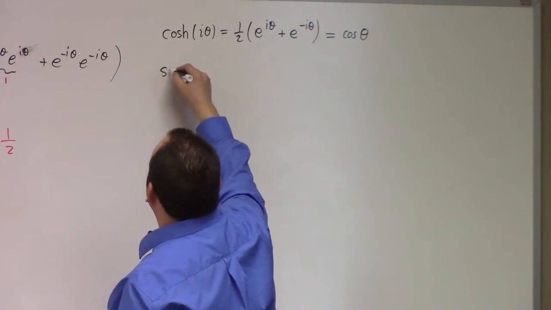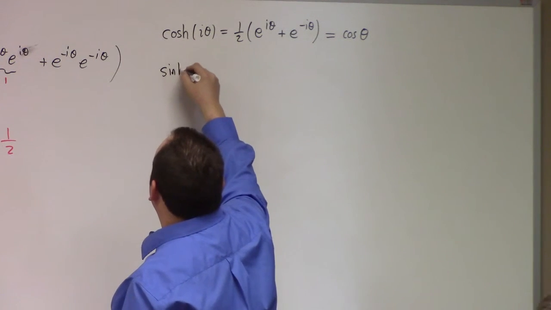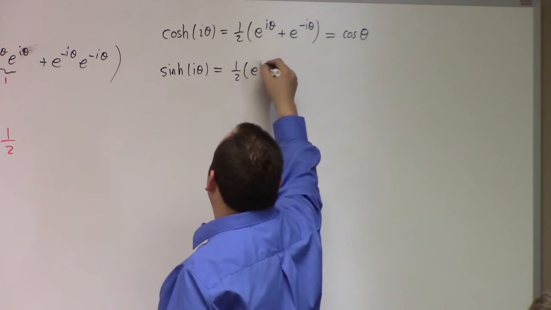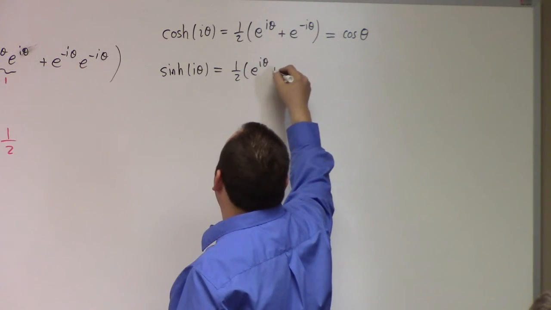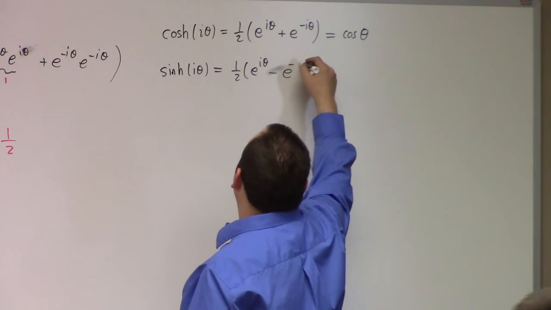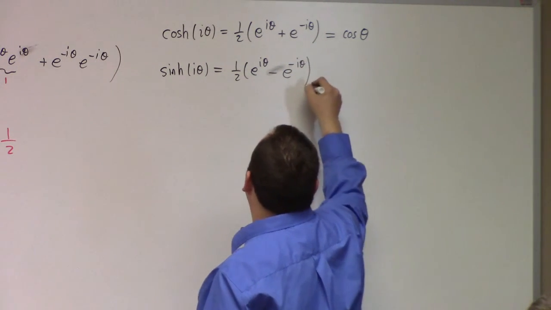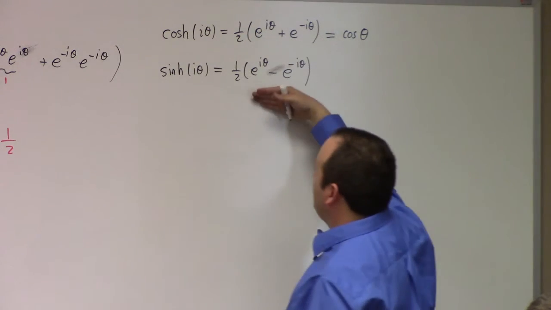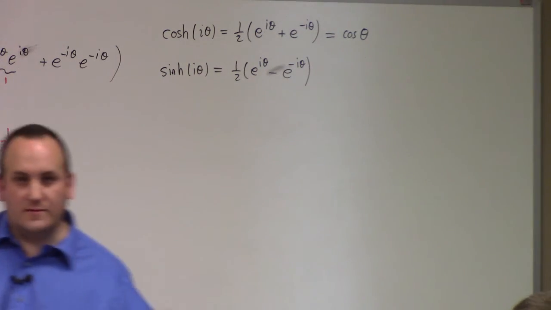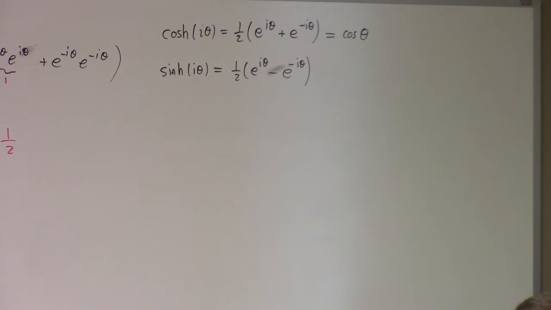On the other hand, if I look at, say, sinh of i theta, it's a little bit more complicated. See, what am I missing? This is almost sine theta, but something's missing. So how do I make an i appear?